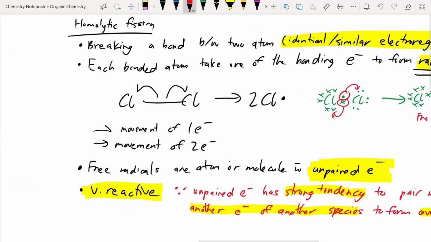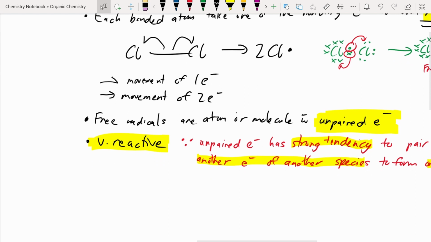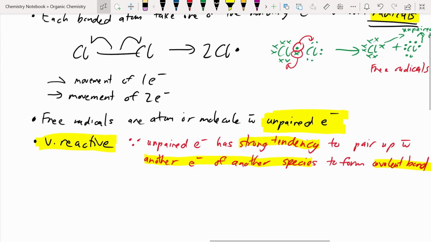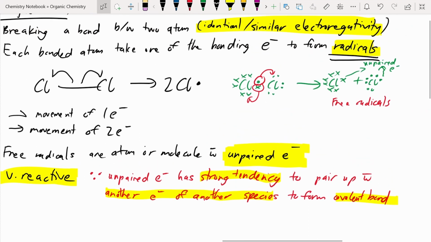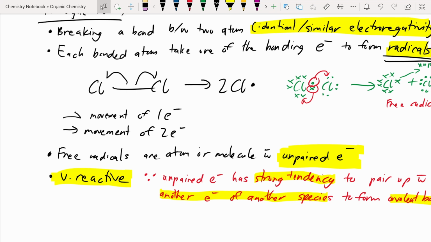These unpaired electrons make the free radicals very reactive because they have a strong tendency to pair up with an electron of another species to form a covalent bond. One thing to take note of, when you draw arrows, this is how you draw: the half arrow indicates movement of one electron, and the full arrow indicates movement of two electrons.